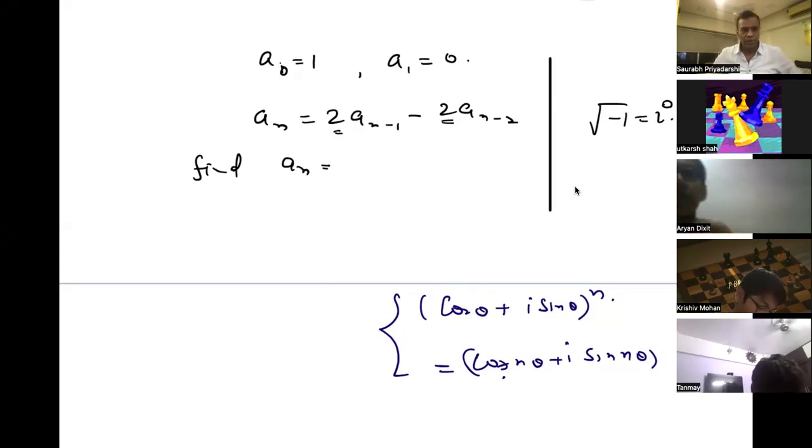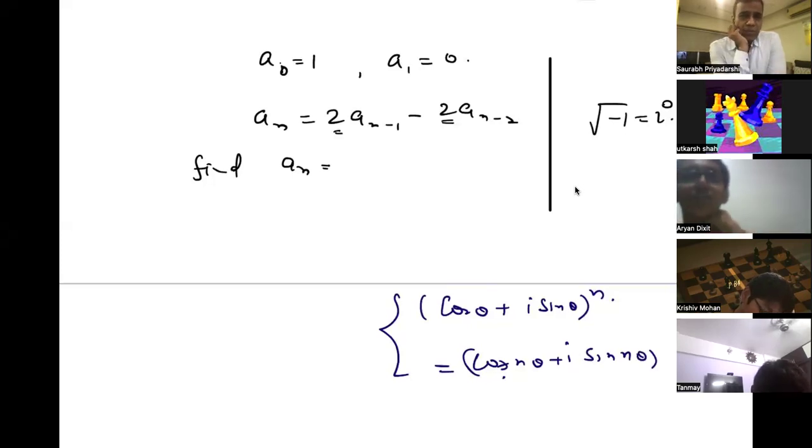Saurabh said, not bad, Aryan. But is it possible to write it down in terms of sine and cos? Are you able to write it down in terms of sine and cos, this one? Sir, could you say it again?